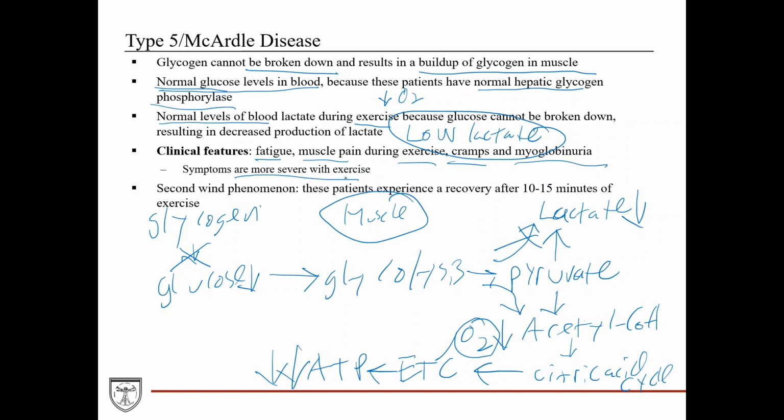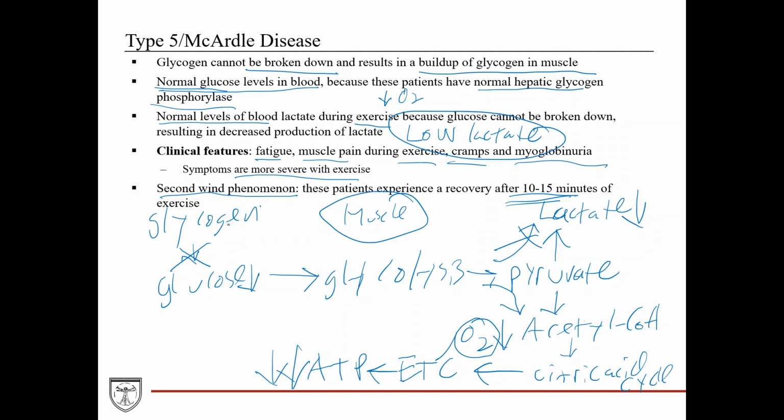Now, what's something interesting is these patients uniquely show what's called a second wind phenomenon. And that's where if they push through this fatigue and pain, they almost experience a recovery after 10 to 15 minutes. And the reason for that is, remember in our general scheme diagram of showing metabolism, essentially at a 30,000 foot view where we have all the processes working together, you can switch to other sources of metabolic fuel.